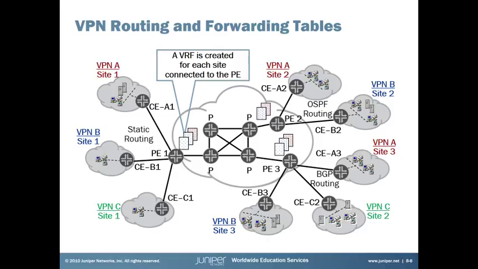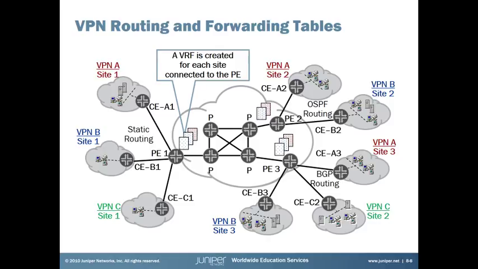Because really what we're doing is, say we're coming out of site 3 heading to site 1, the traffic is going to come out of the customer's CE, hit PE3, do a lookup in PE3's virtual routing and forwarding table, and that's going to say, okay, your path to site 1 is via this LSP. It's going to put the traffic into the LSP and send it across to PE1.